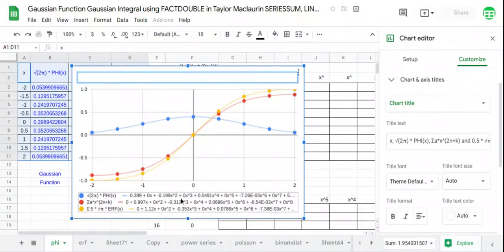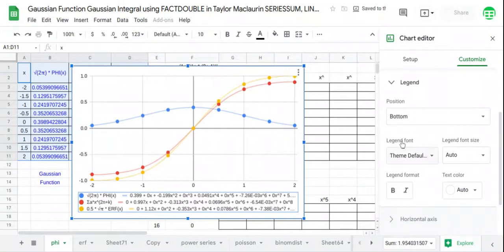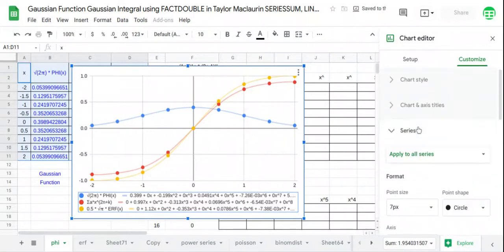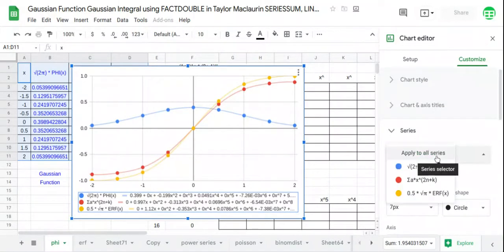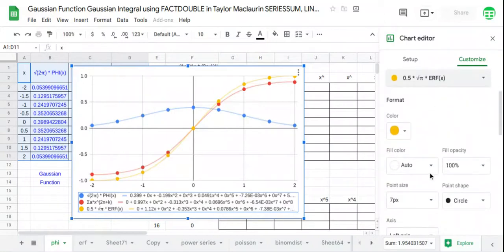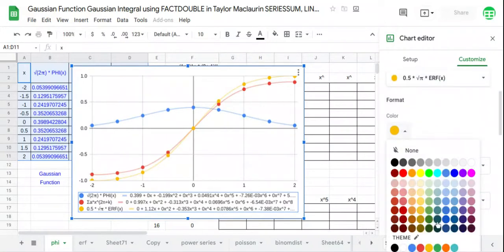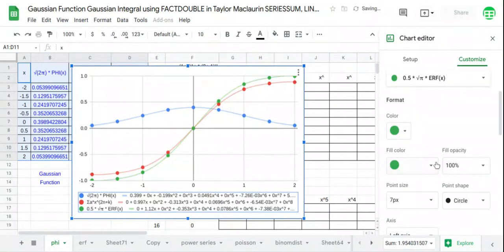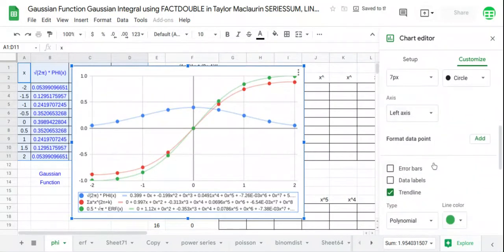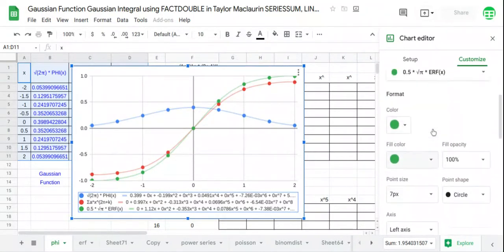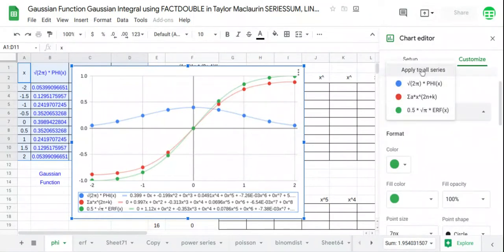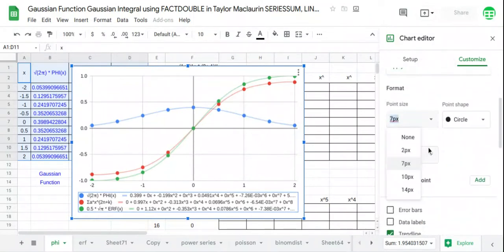So, and we need a space. And for the series, we don't have a yellow color. We change that to green. Change this to green to match our data set. And for series, the point size maximum.